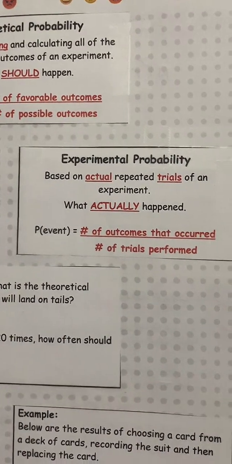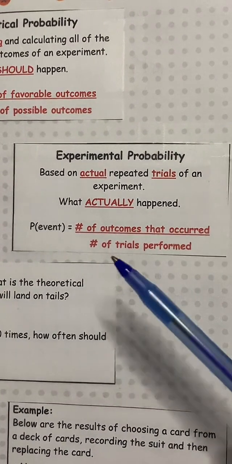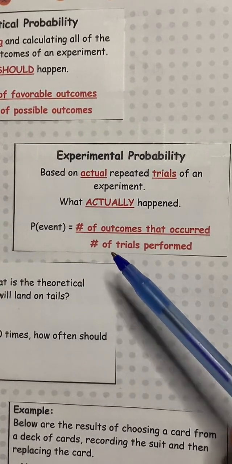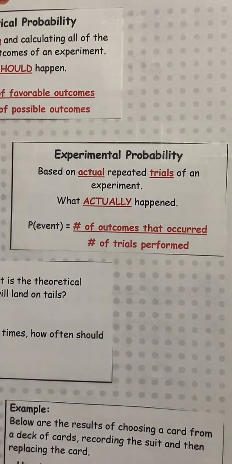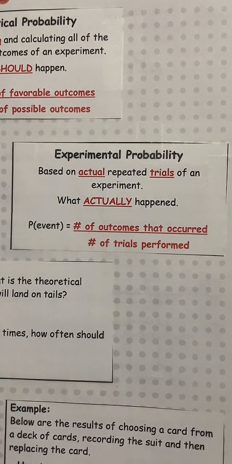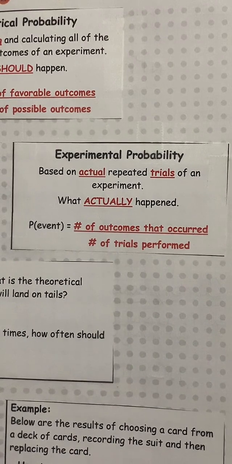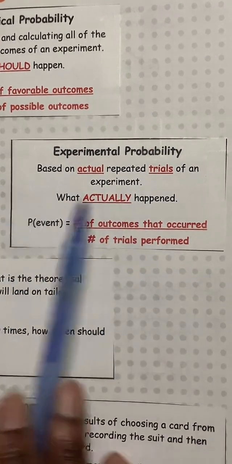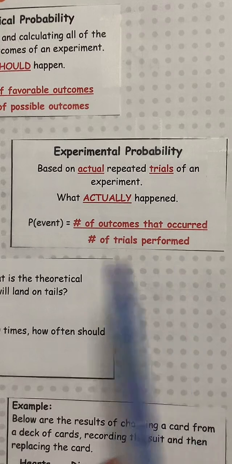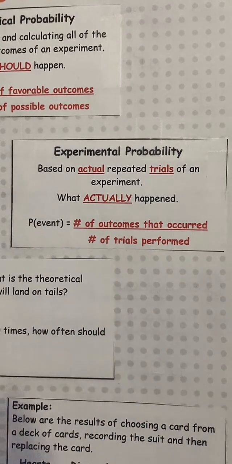If you say, I flipped this coin 20 times, okay, congratulations. But you're going to need to flip that coin almost 1,000 times to get a really good, accurate probability. So it's not just flipping it 20 times that's going to cut it. You're going to need to flip it a heck of a lot more, right?